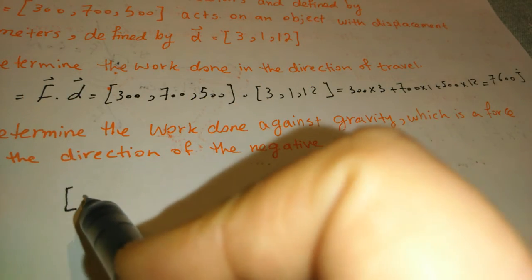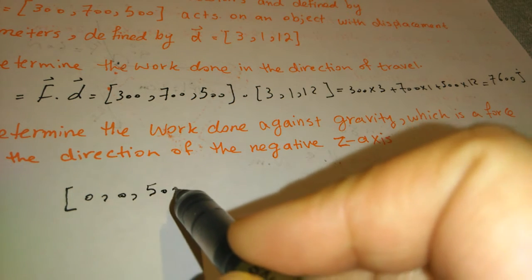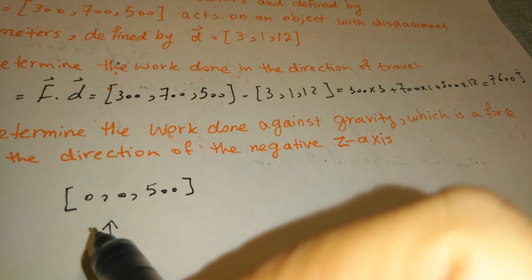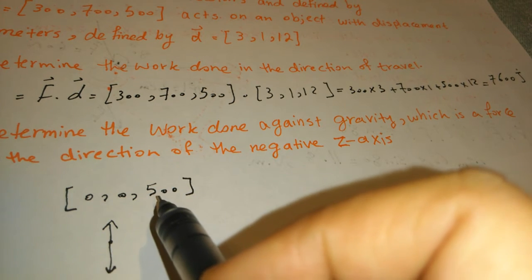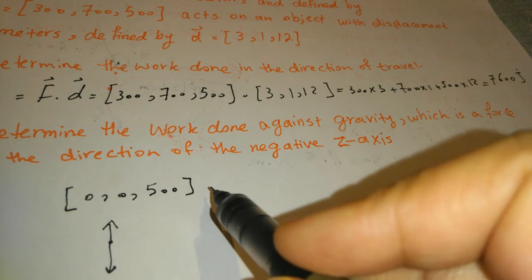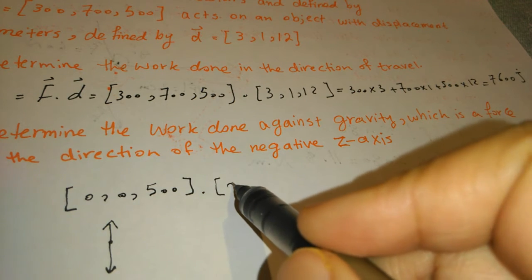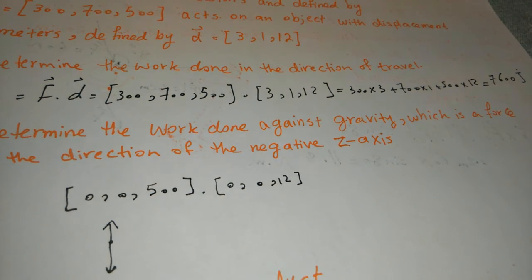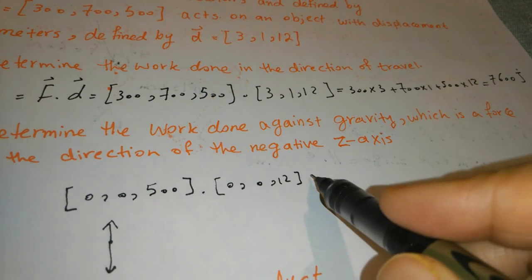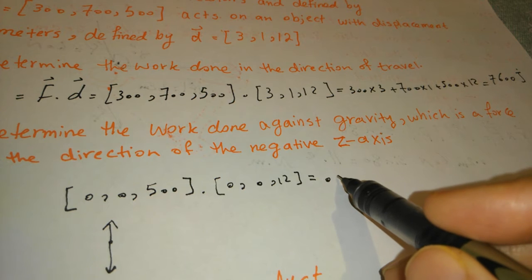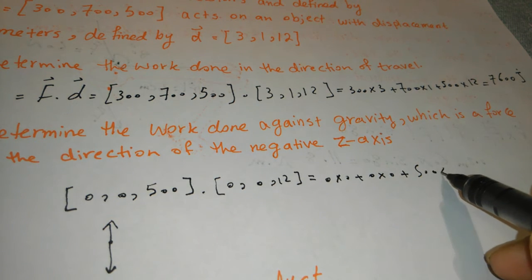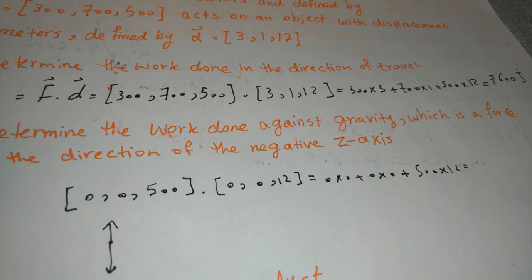So the force is <0, 0, 500>. The gravity is down, and this force is up, just pulling that up, so it's just the z component. And the displacement along that direction is <0, 0, 12>. Therefore, if you want to find the work done, you just dot product that together: 0 multiplied by 0 plus 0 multiplied by 0 plus 500 multiplied by 12, which is 6,000.